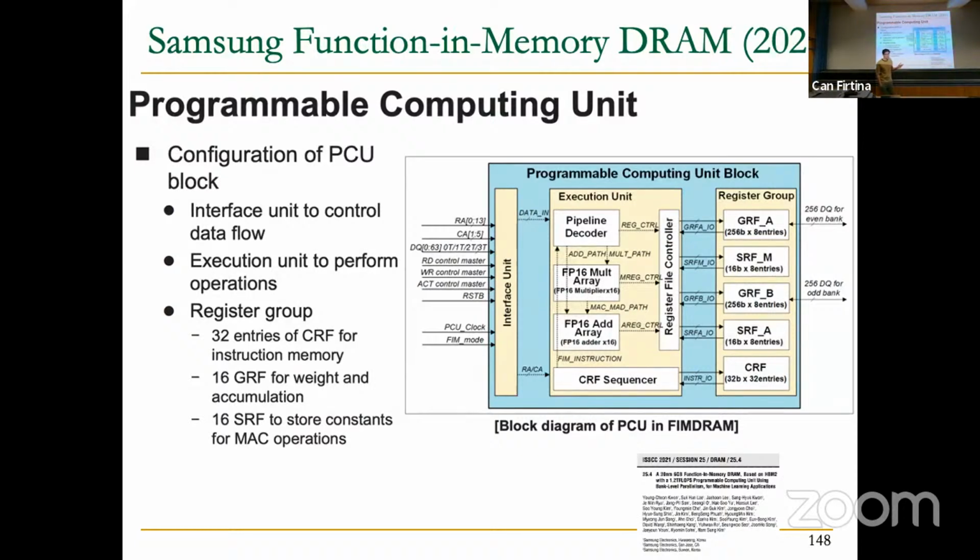And why is that? Because multiplication and addition are necessary for matrix multiplication or matrix vector multiplication, and this architecture is specialized on machine learning inference, right? So it makes perfect sense that these PCU blocks are specialized for that.